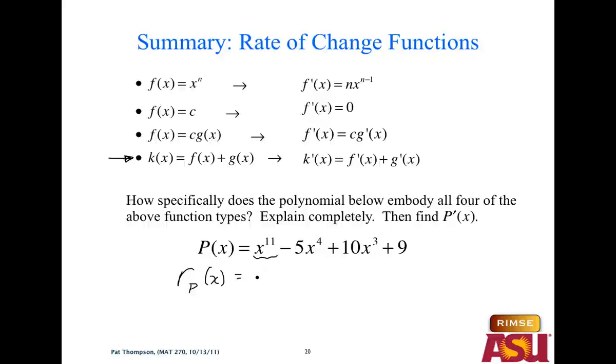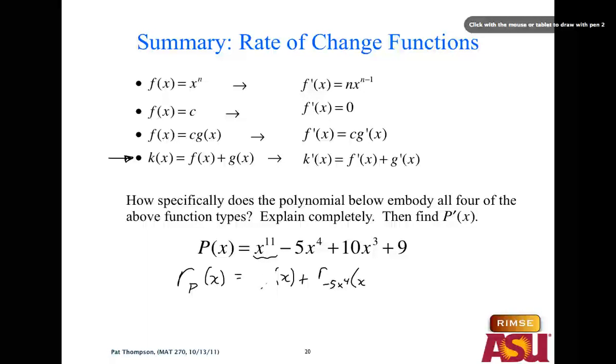So the rate of change of x to the 11th with respect to x, you see? Plus the rate of change of negative 5x to the 4th with respect to x. I'm not exactly getting them underneath, so you get the idea, but I want to start over.